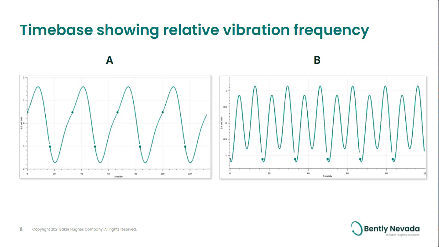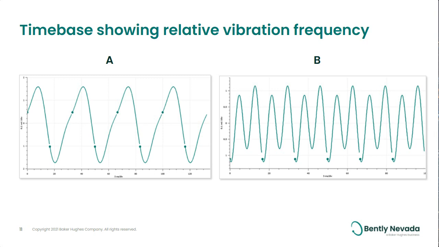So each key phasor dot, that blank spot, bright spot, means that you've had a revolution of the shaft. So your primary vibration is not at 1 times running speed. And because we see two key phasor dots per sinusoid, you know that it's probably around half X or something less than 1X at any rate.